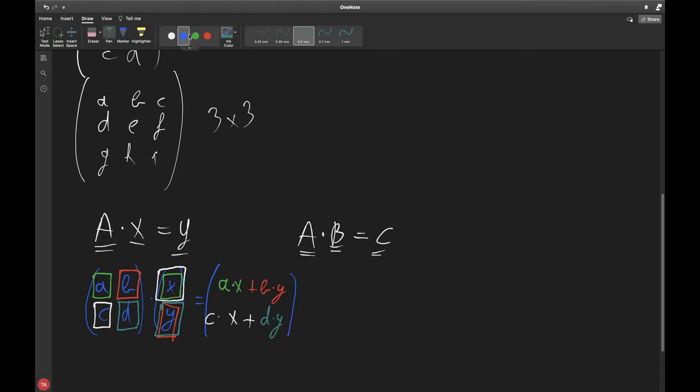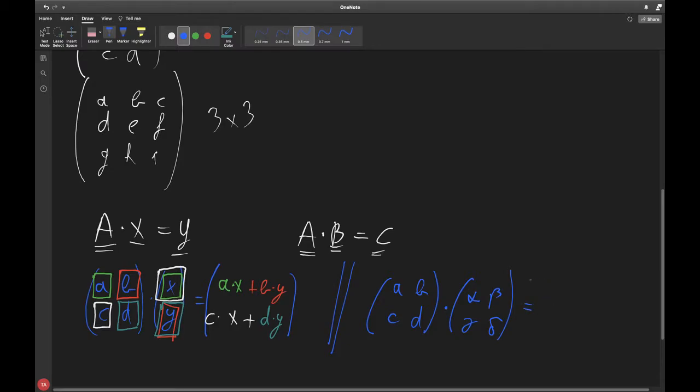And essentially we follow the same logic when we do a matrix with matrix multiplication. So let's just say I have A, B, C, D multiplied together with the alpha, beta, gamma, delta matrix.